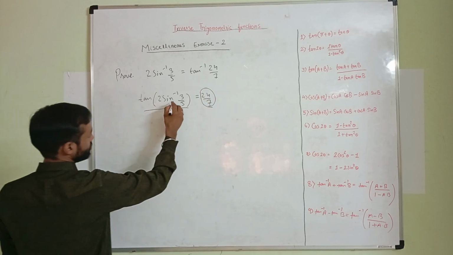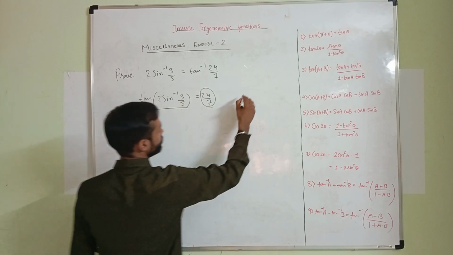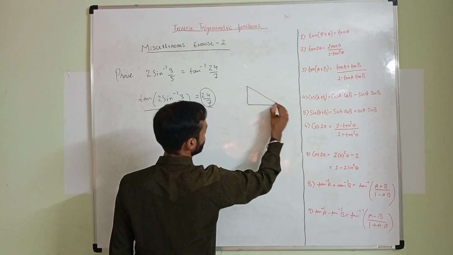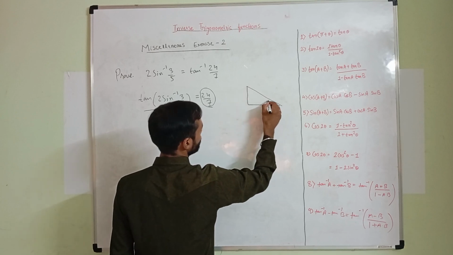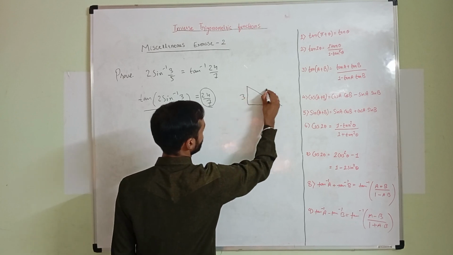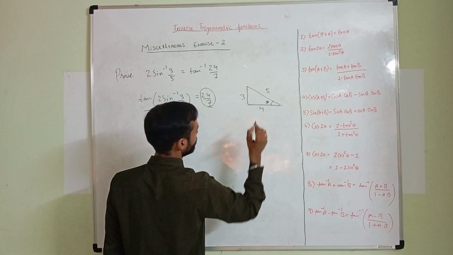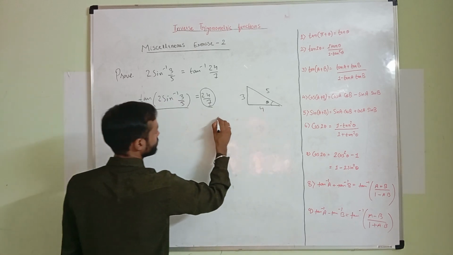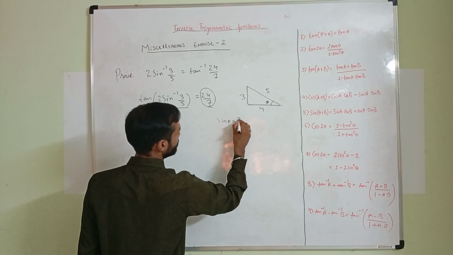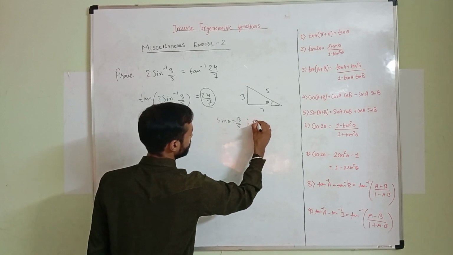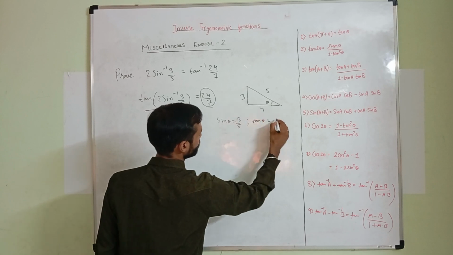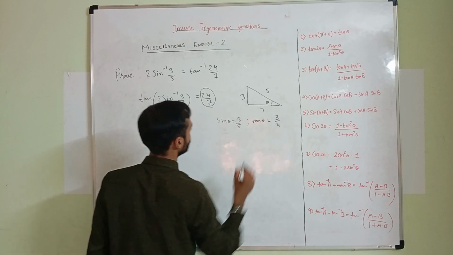So suppose this sine inverse 3 by 5 is given. When we plot it on a right angle triangle, we get sine theta equals 3 by 5, and by the Pythagoras theorem we get 4 here. So sine theta is 3 by 5 and tan theta is opposite upon adjacent, so 3 by 4.